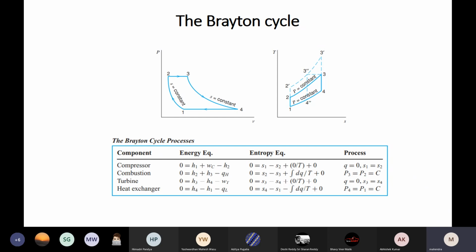Here in the combustion, that is the heat addition process. We inject a certain amount of fuel and it burns, so we are adding a certain amount of heat. That is the heater over here. In the turbine we are expanding the high pressure gases, so we get a certain amount of work. The entropy equations have also been written for all the processes.